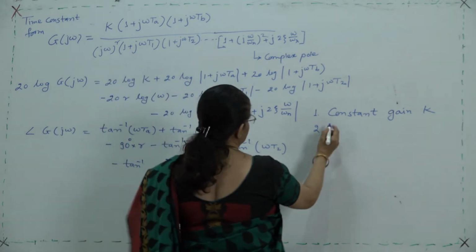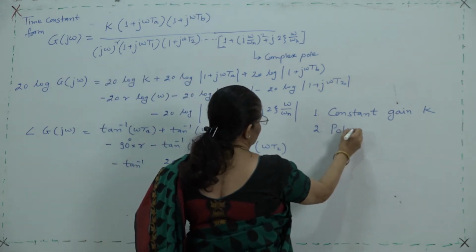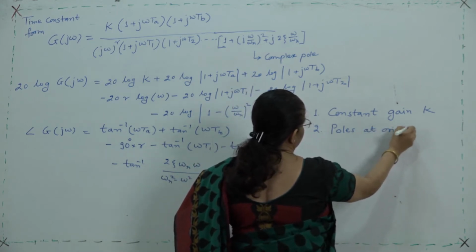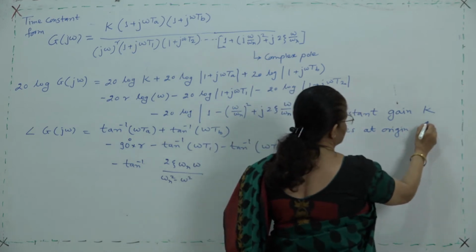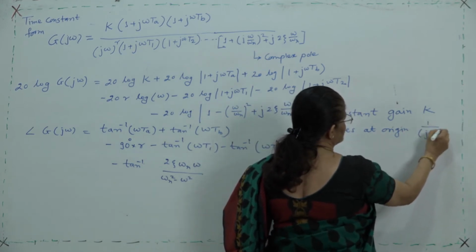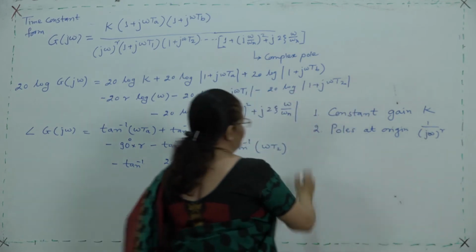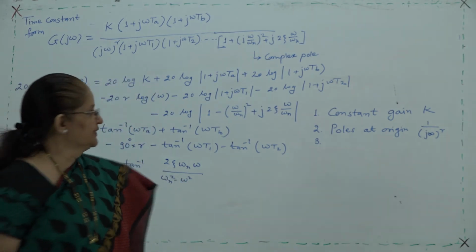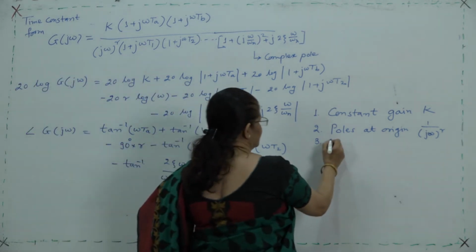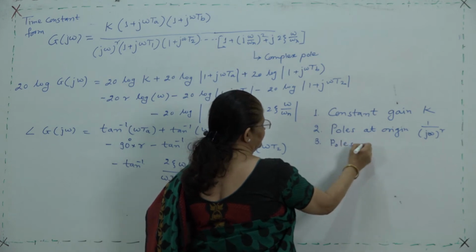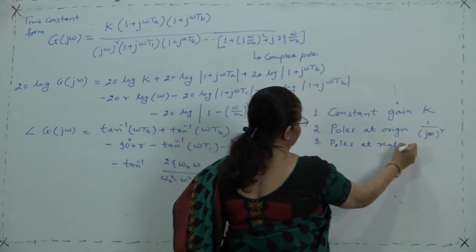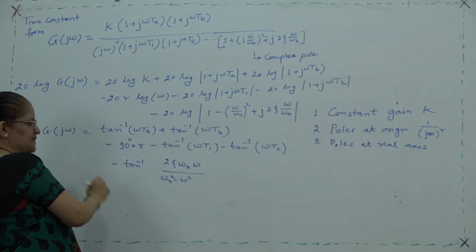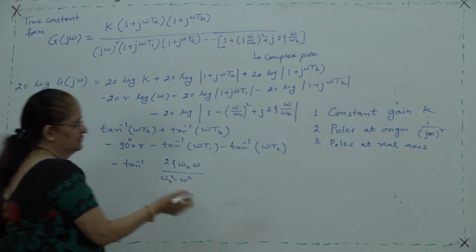Parallelly, next to this we will consider poles at origin. So, what is here? It is 1 upon j omega raised to r. Next to this we will consider poles at real axis, which we have already seen in the previous lecture, that is 1 upon 1 plus j omega T; we will see it again.